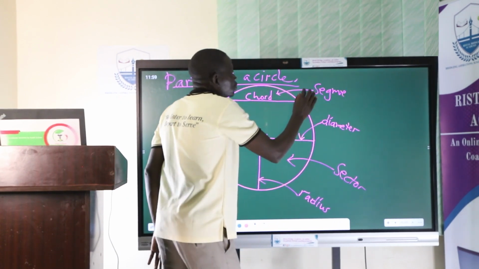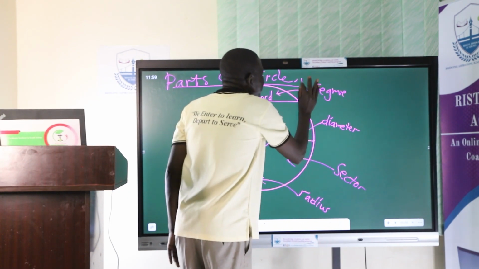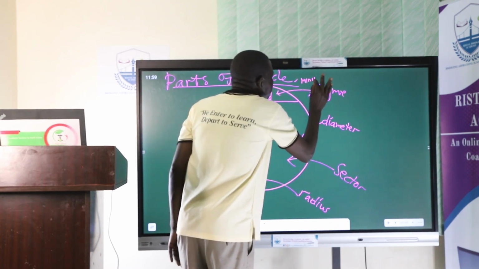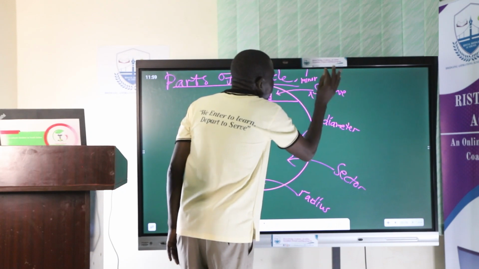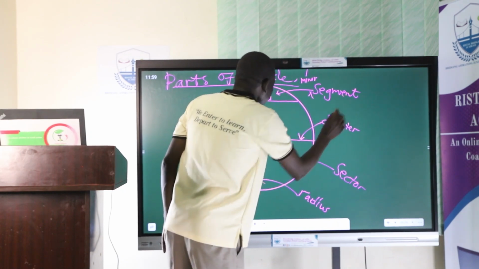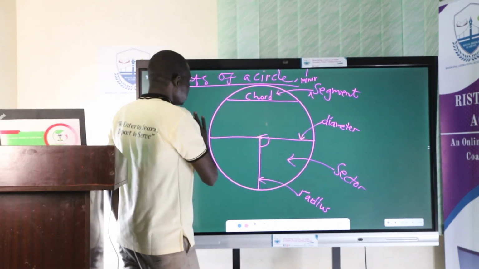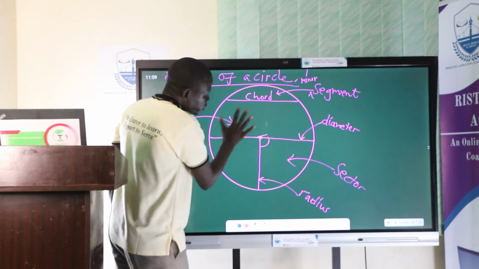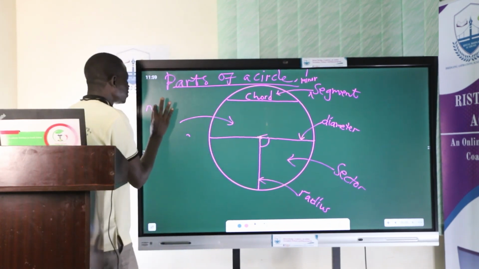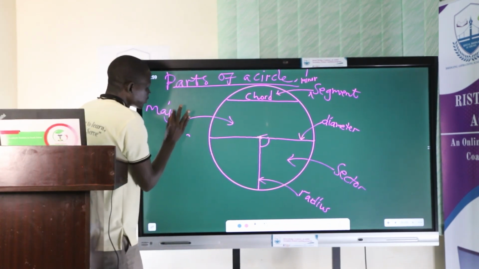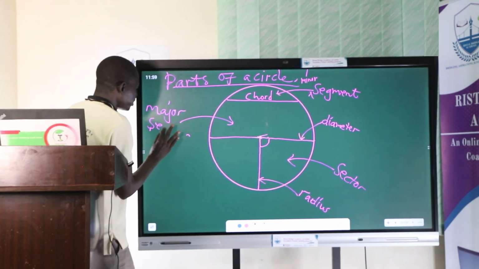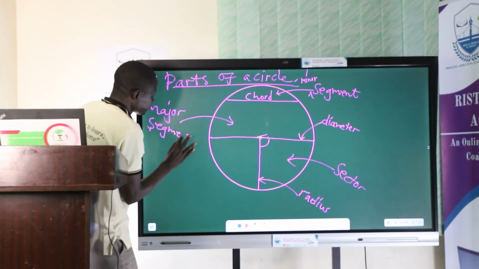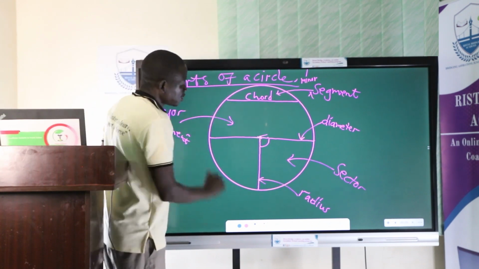Then the remaining part, all of this is what is referred to as the major segment, which is formed by the whole of the circle. So basically, these are the parts of the circle.